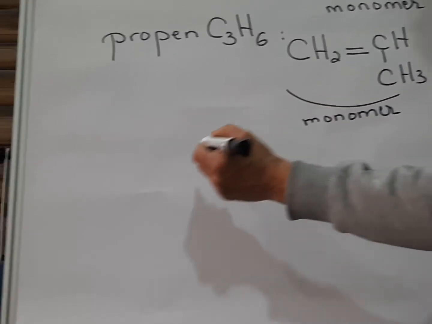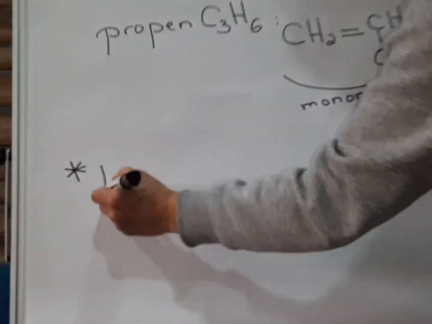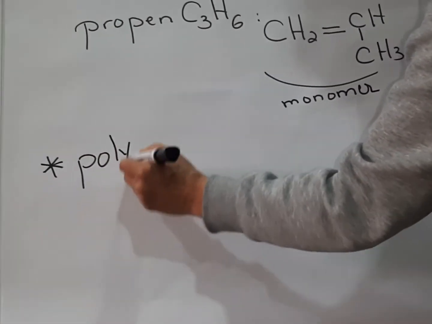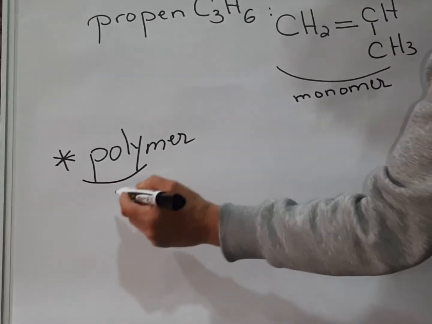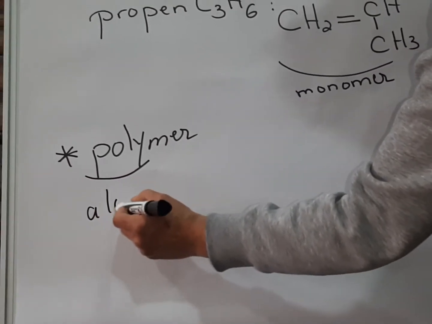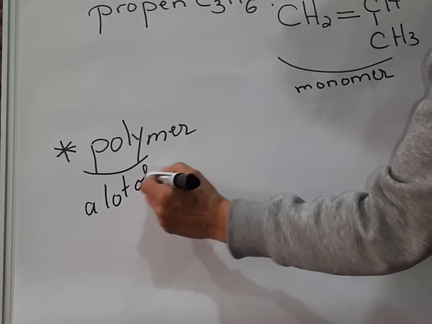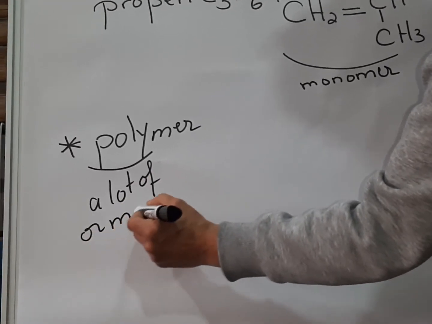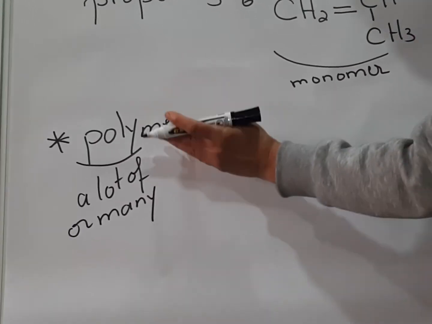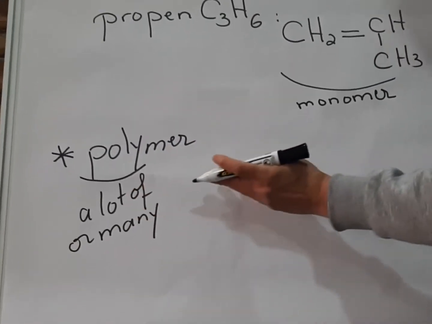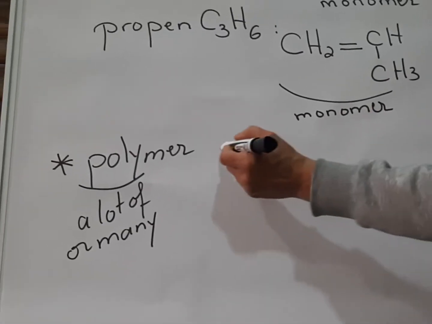Now, what's a polymer? Polymer, the prefix poly means a lot of or many. So, polymer means a lot of monomers or many monomers which are joined together.